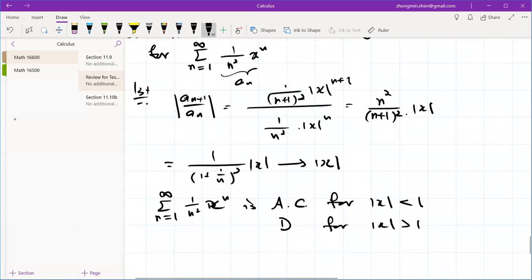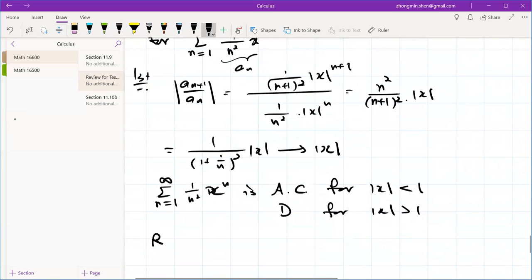So R equals 1 is the radius of convergence, and by the ratio test, I have to say that.